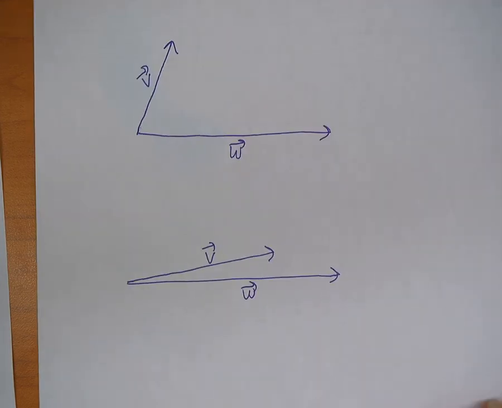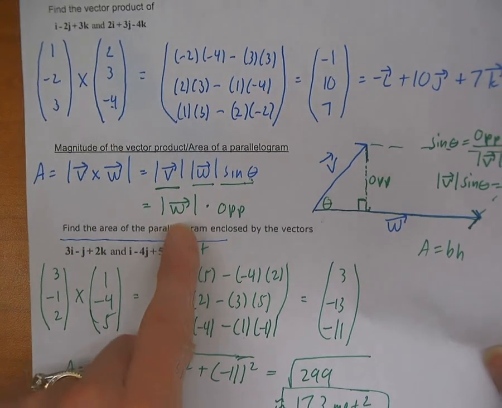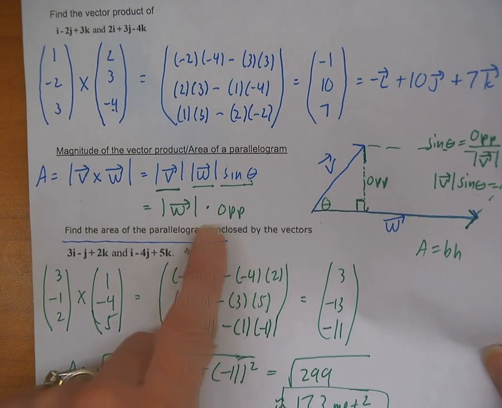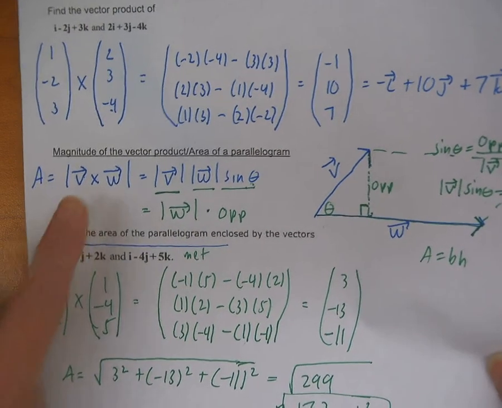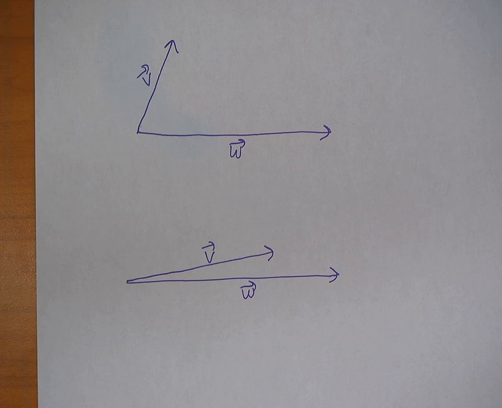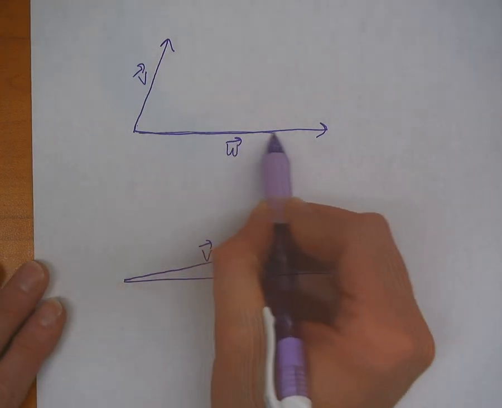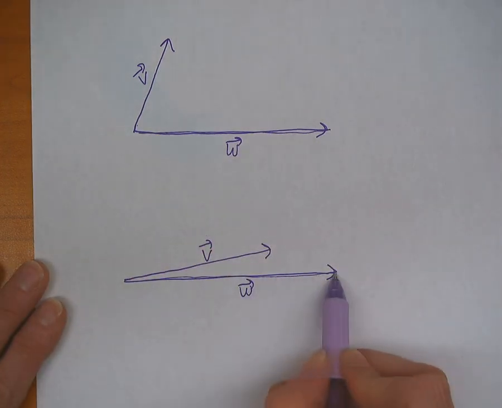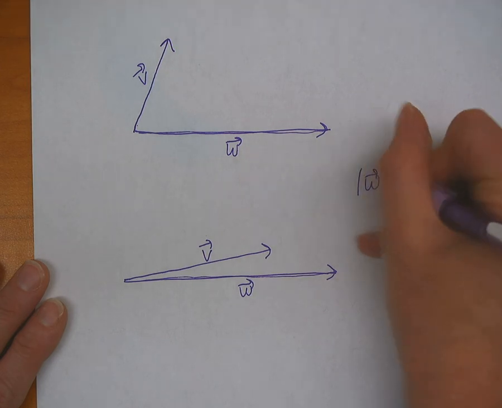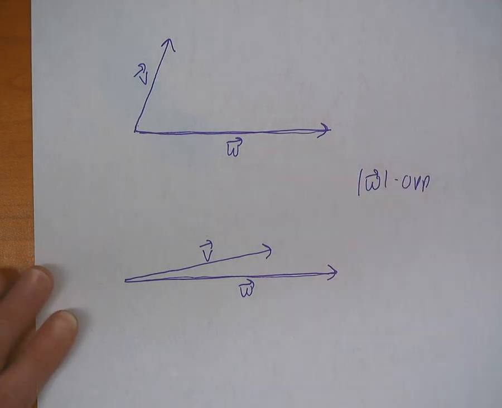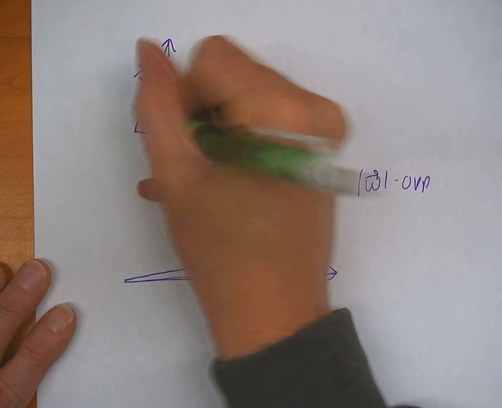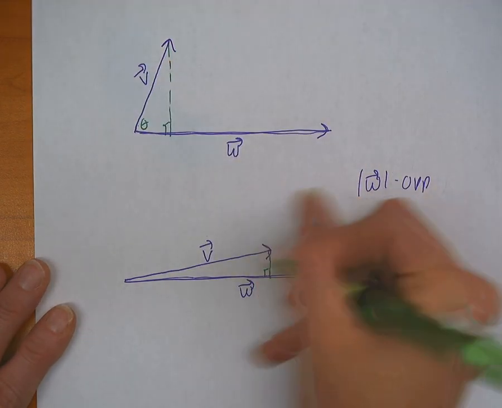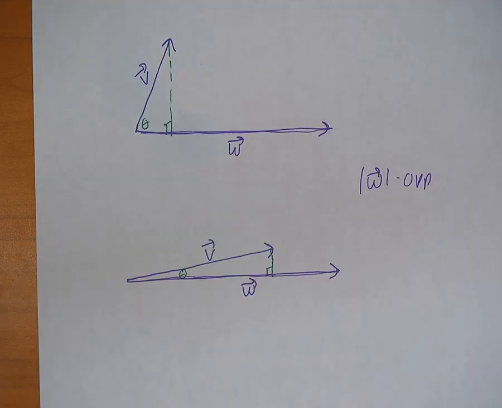Let's take a look at the definition that we talked about, that the magnitude of vector w times the opposite side of the triangle we dropped down is what the cross product really is. So we have the magnitude of vector w in both cases, and we want to multiply that times the opposite if we drop down from vector v.